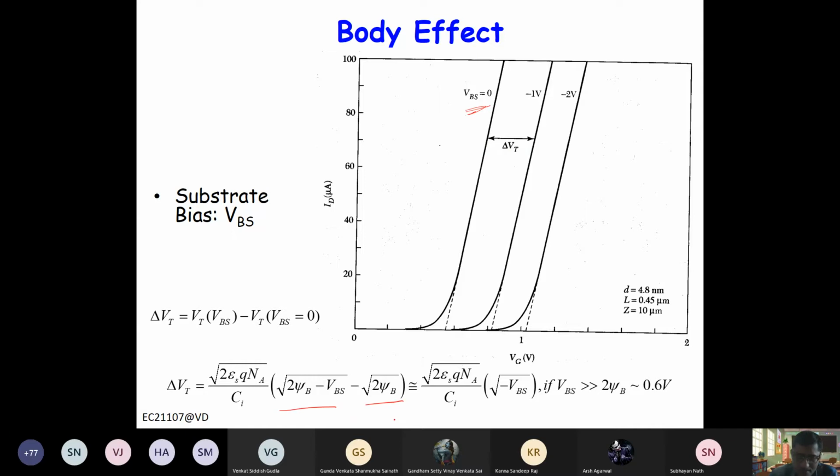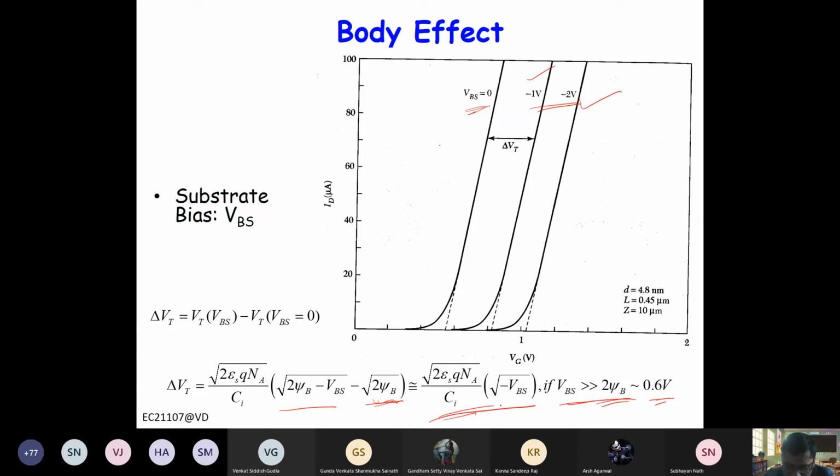Now this psi B is of the order of 0.3 or 0.4 volt, so 2 psi B will be of the order of 0.6 volt. And if your VBS is more than 0.6 volt, such as 1 or 2 volt, then you can approximate it. It is more accurate at 2 volt than at 1 volt. And then you have this expression here.